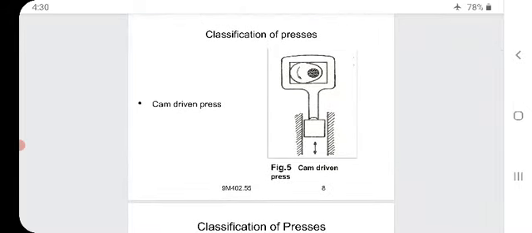Now the cam driven press, the same piston, the connecting rod is also called as a pitman here. So on the top you are seeing the cam. So due to the movement of the cam, it will try to move from the TDC to the BDC or from the BDC to the TDC.